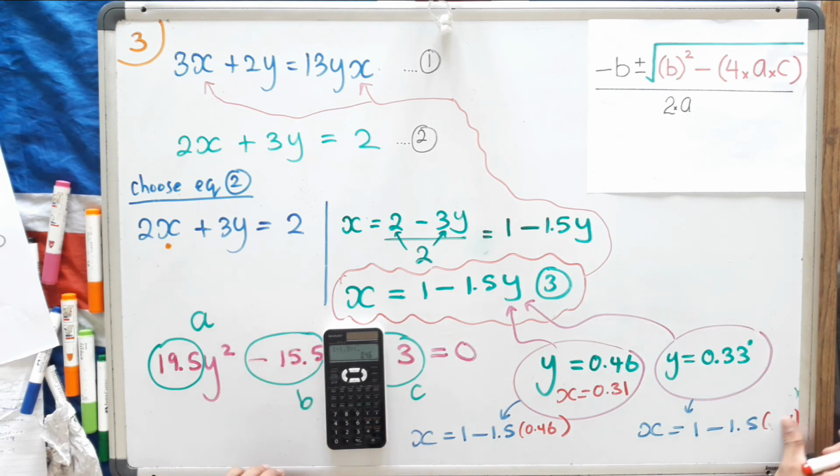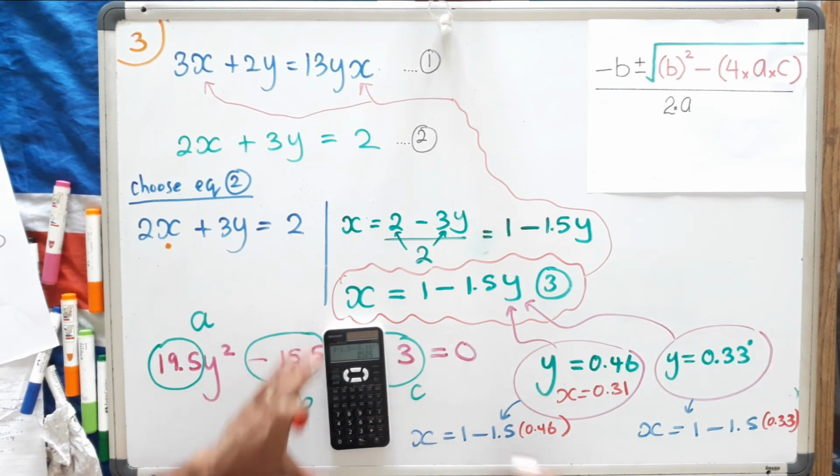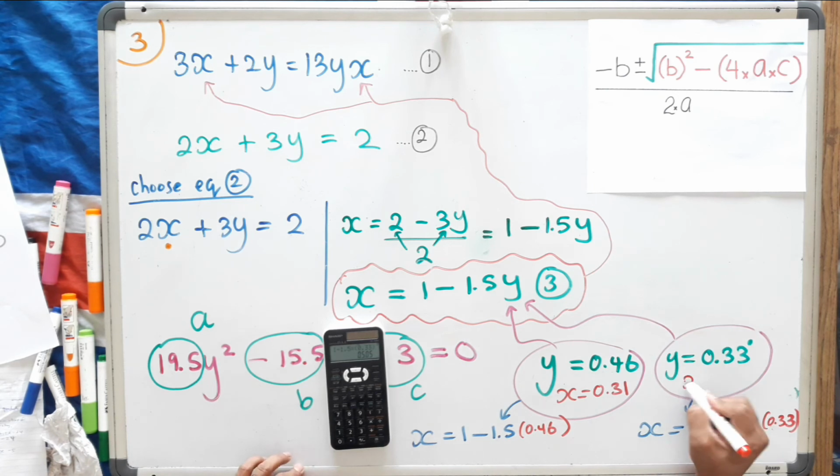I mean, sorry, this is supposed to be 0.33. Making a lot of mistakes today. And I got x is equal to really close to 0.5, right? If we had used the 1/3, we would have gotten exactly 0.5.